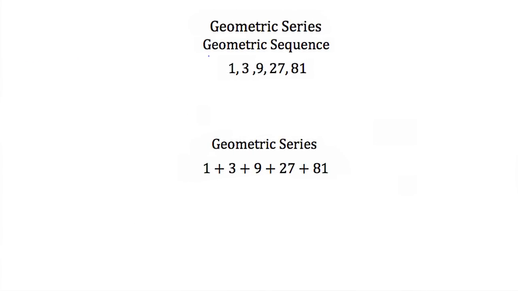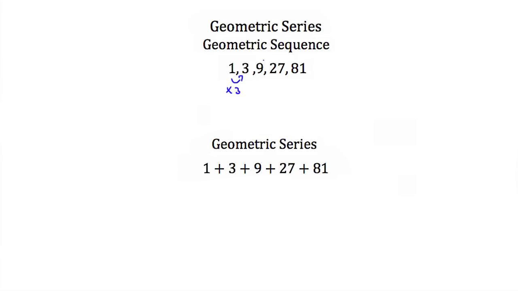If it's a geometric sequence, then each term is multiplied by the same number to get the next term in the sequence. So looking at our example sequence here, 1, 3, 9, 27, and 81, my first term is 1. And to get my second term, I would take my first term, 1, and multiply it by 3.